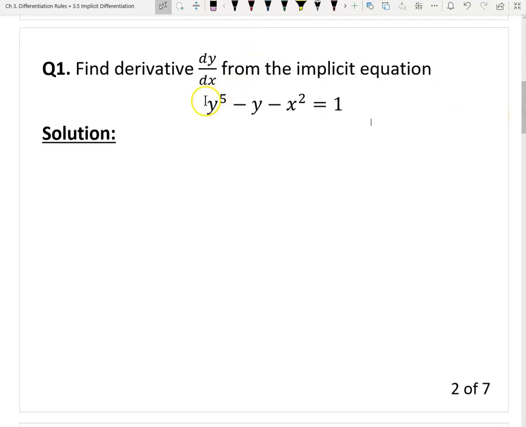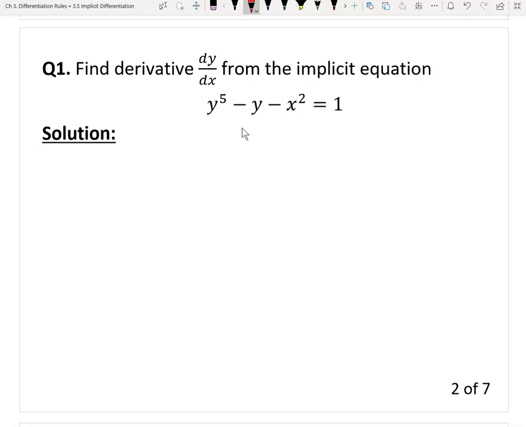Do you remember? In the method, all we need to do is take a derivative of both sides. But we need to see that y is a function of x, which means we have to use the chain rule. All we need to do is differentiate both sides.